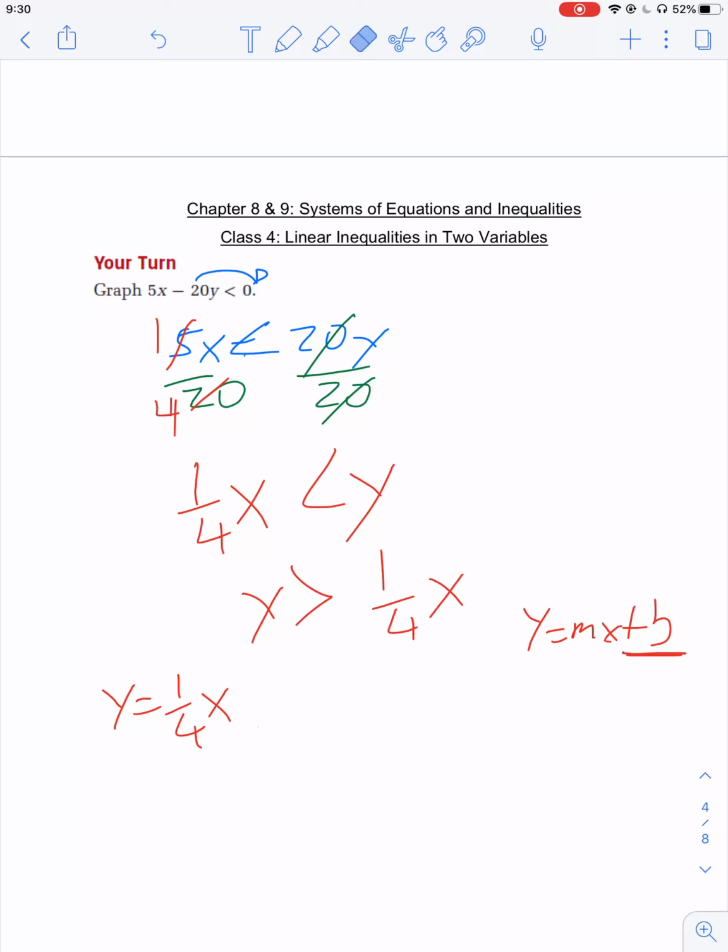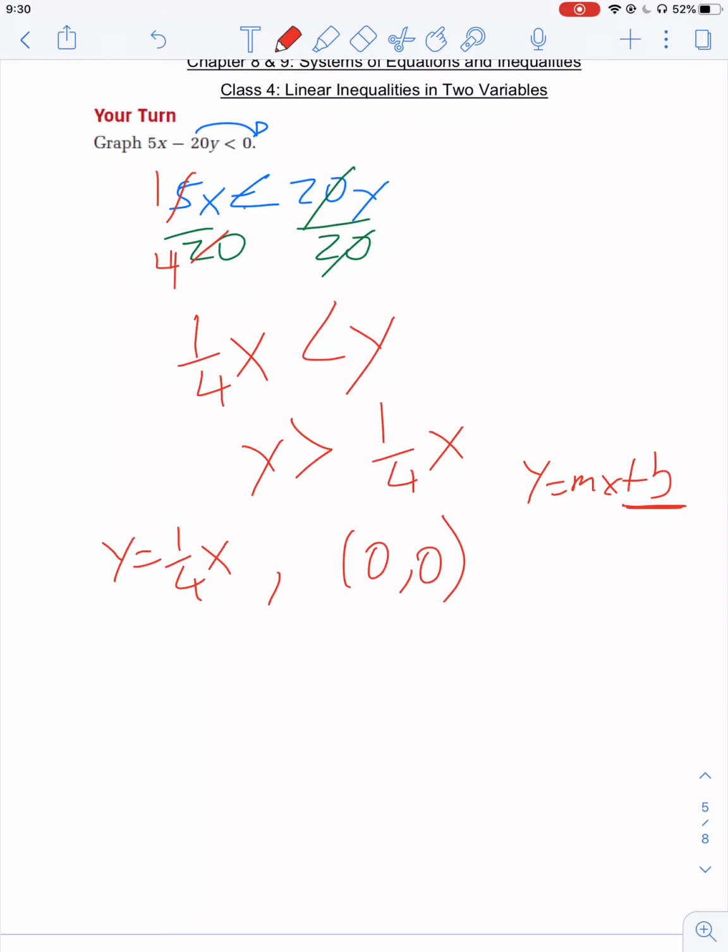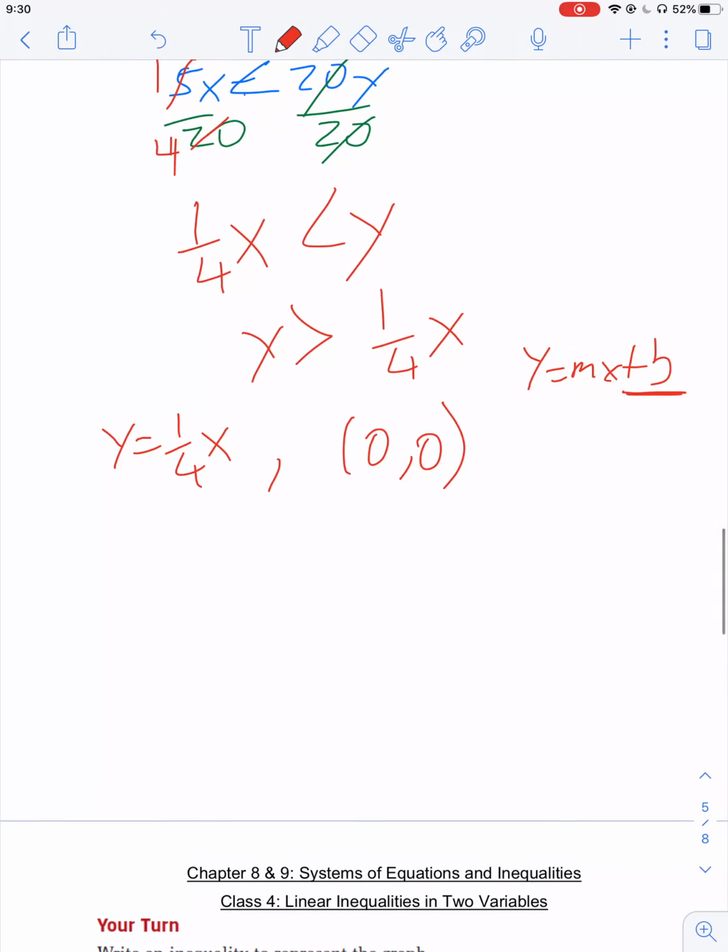So at 0, right, when x is equals to 0, my y value is 0, and my y-intercept and the x-intercept are the same in this case. Okay, so this is what the function will look like. So at 0 my function is at 0, but when x will be 4, okay, your denominator kind of tells you how to scale your x-axis.